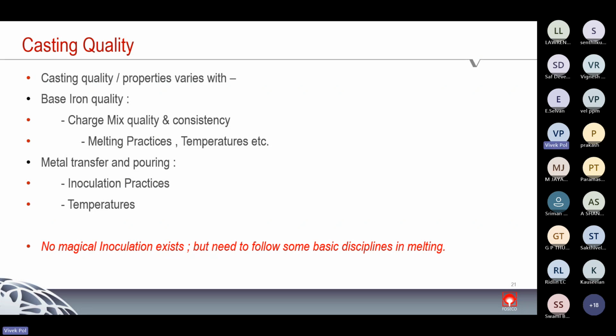And during metal transfer and pouring, inoculation practices play an important role. Also, it is very important to understand that there is no magical inoculation.